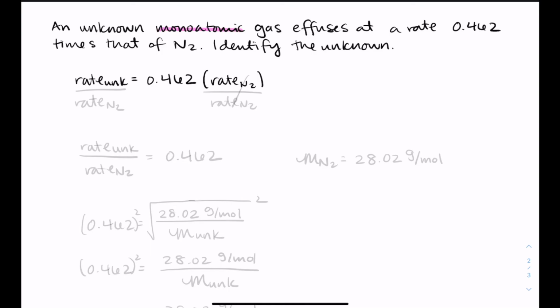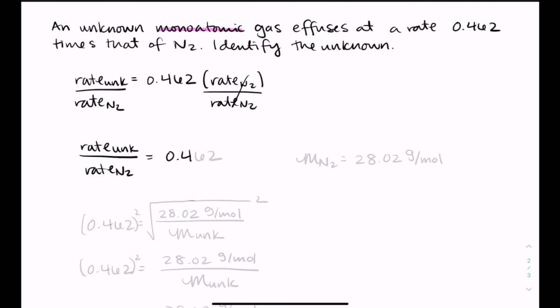So if the unknown is A and N2 is B, I have the left side of this equation completely set up. I do know the molar mass of N2 gas. I did have to calculate this because there are 2 nitrogens, but it should be 28.02. And now I know everything except for the molar mass of my unknown.